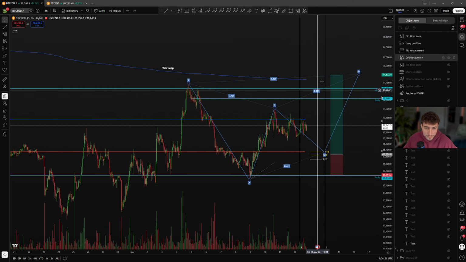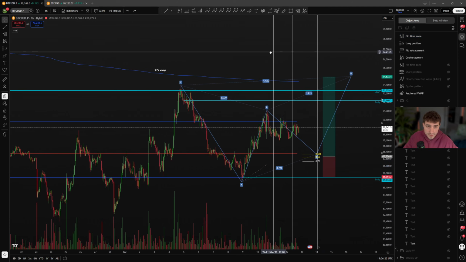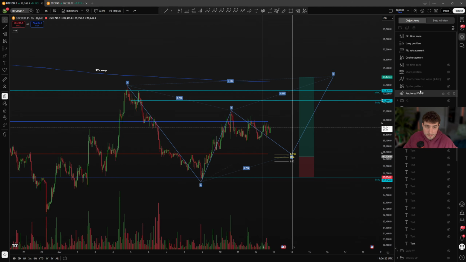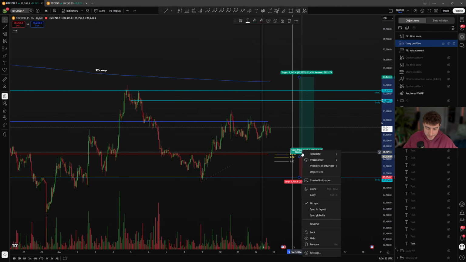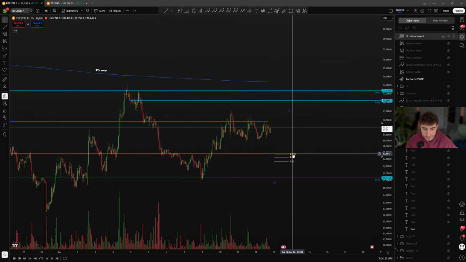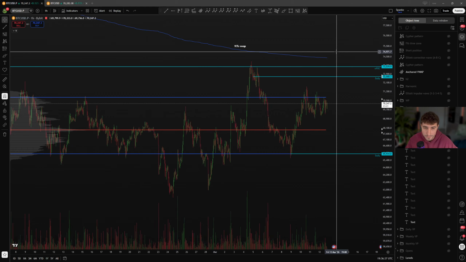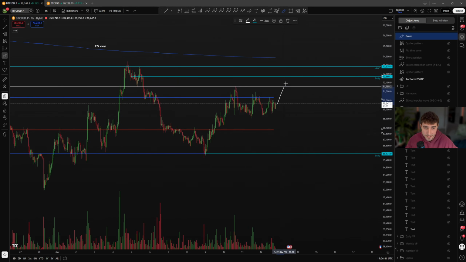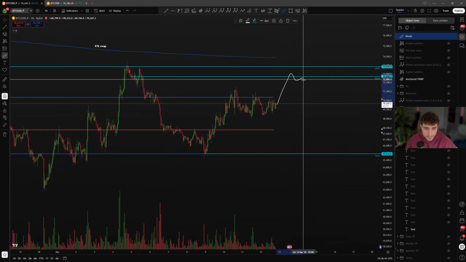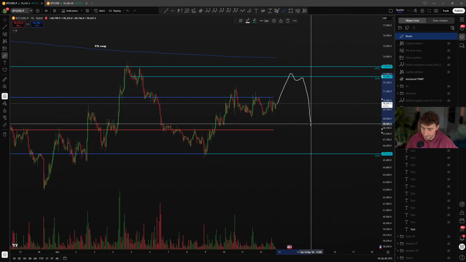So overall, you have this harmonic and you have this harmonic. Two playing factors, two different scenarios, but overall captures the main theme, which is taking out the 60K lows. Whether or not you come up into this and you don't take out the highs, that's a valid short setup.